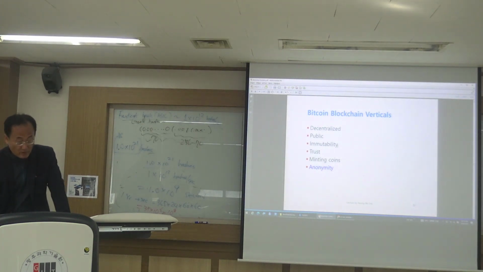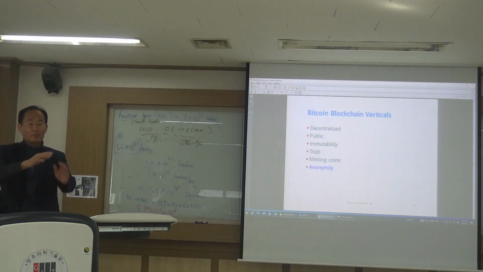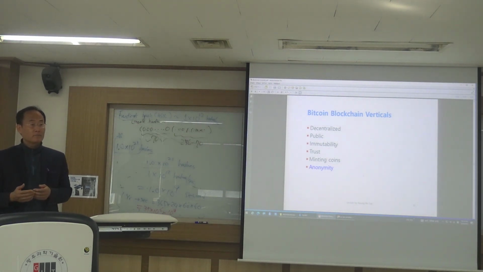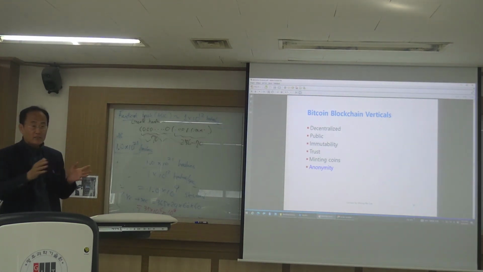And the immutability. Once it is inside the blockchain, you cannot change it easily. Why? Because there was heavy proof of work imposed on each block. If you don't have that, a single computer can do 10 to the 12 hashes per second.